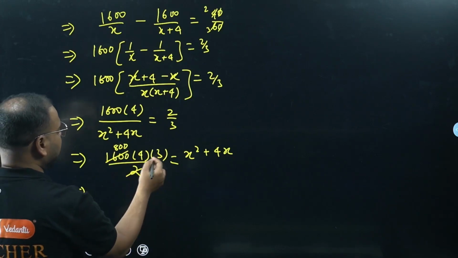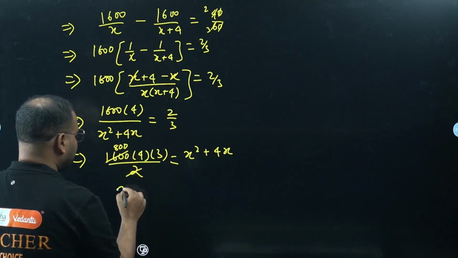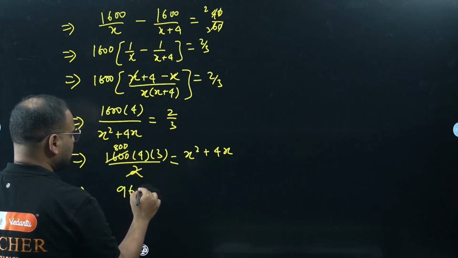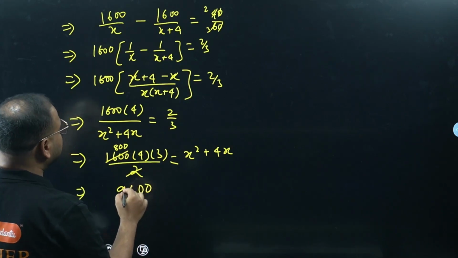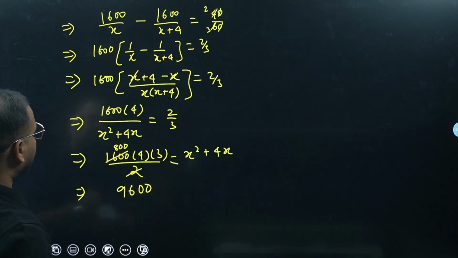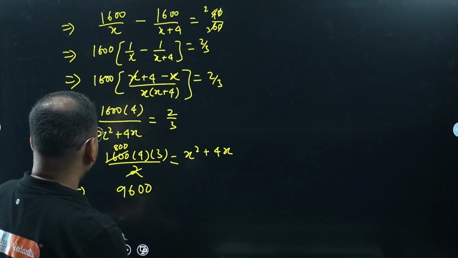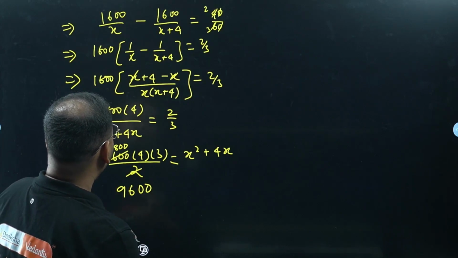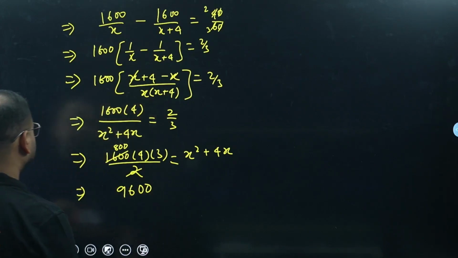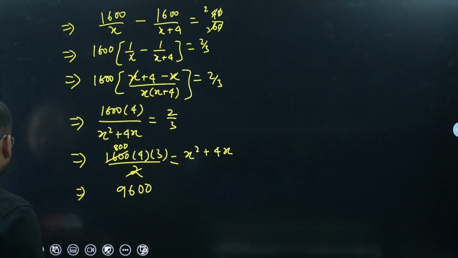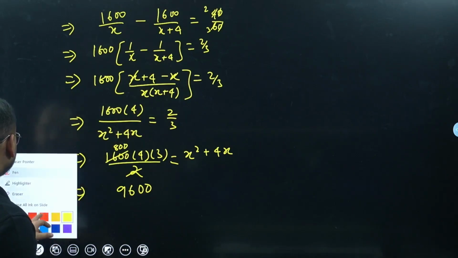So 3 fours are 12, 12 eights are 96 hundred. Have I missed something? Yes, I have missed something. Big deal. You'll see what I've missed.